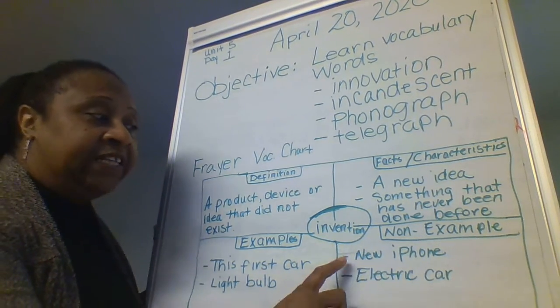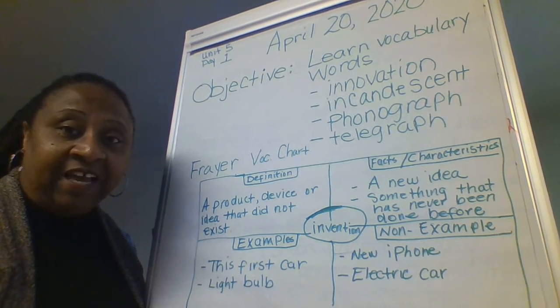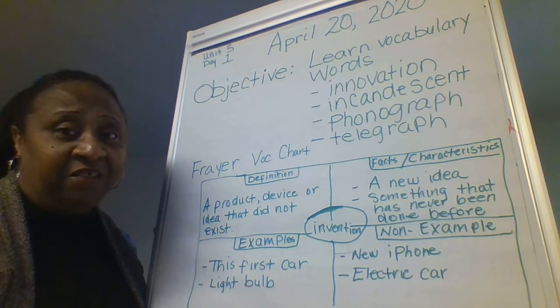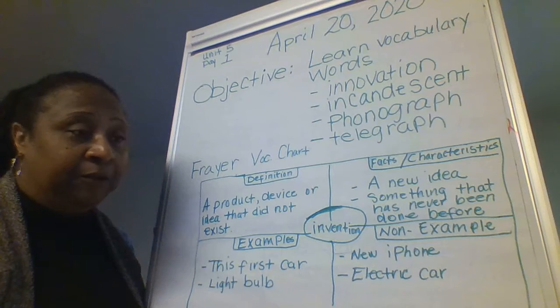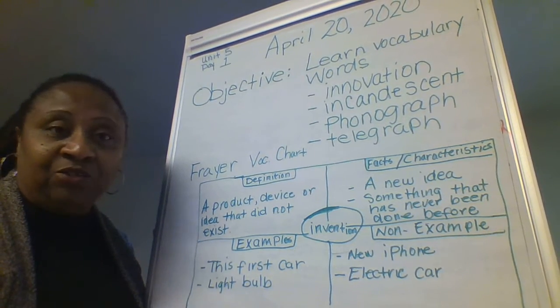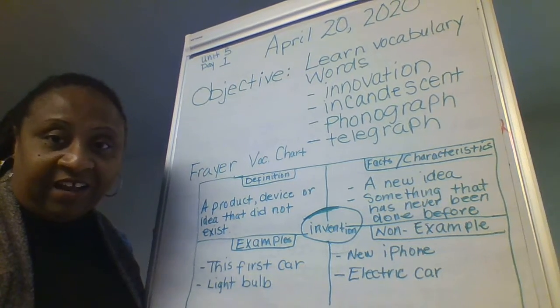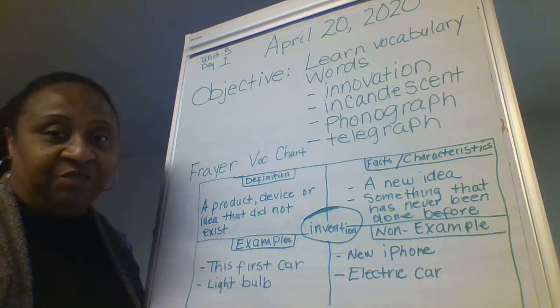So here I listed new iPhone. Is that an invention? No, because we've had iPhones before. They just changed by characteristics, by features, but we've had an iPhone before, so it would not be considered a new invention.